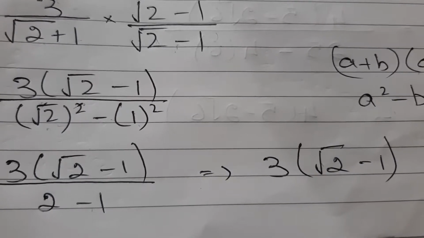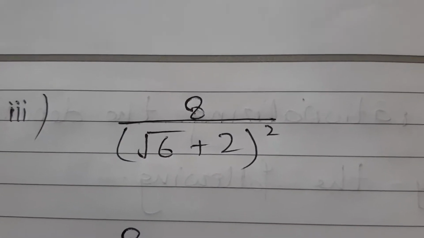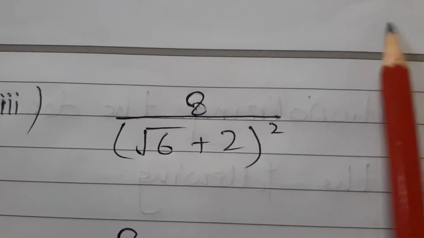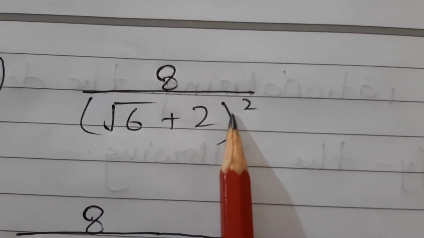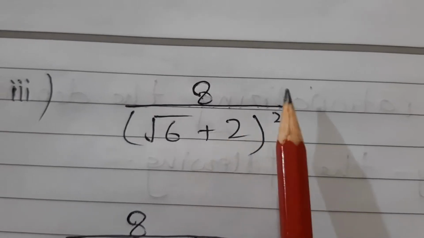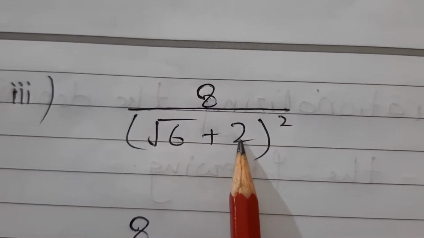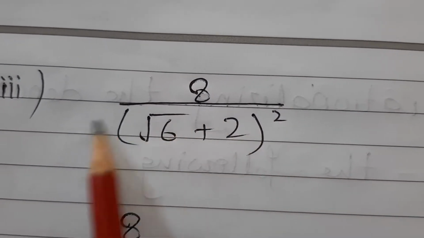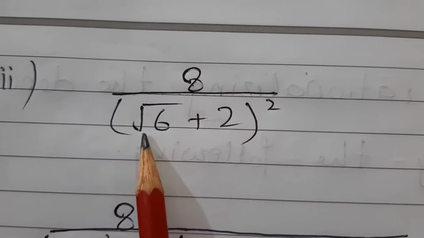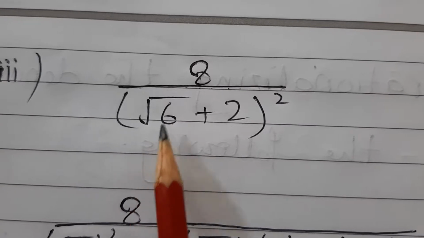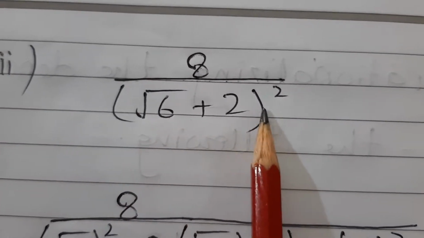Let's see another example. Okay, so this example is almost same, but in the denominator now I have a square. So in this case you will not just multiply and divide by root 6 minus 2. First of all you have to simplify the denominator by the method of algebraic identity, which I have just explained. So it is a plus b whole square.